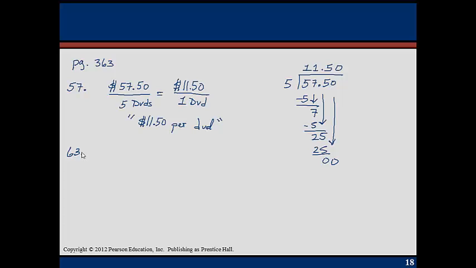We can buy 16 ounces for $1.69, or we can buy 6 ounces for 69 cents. So we want to know which one is the better buy. So we have $1.69 for 16 ounces. Or we have 69 cents for 6 ounces.